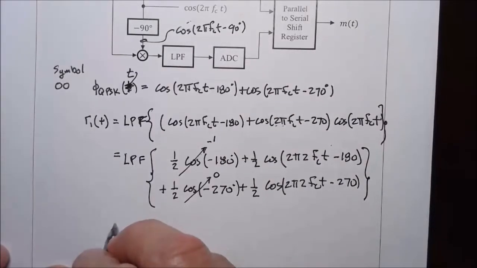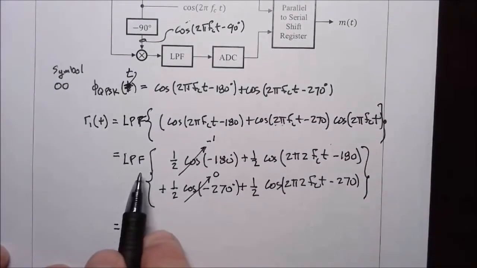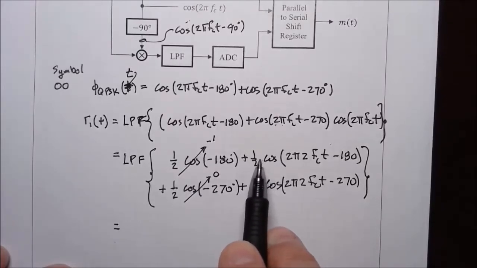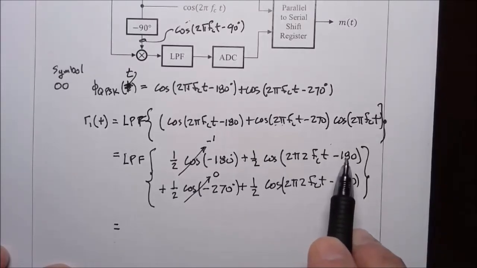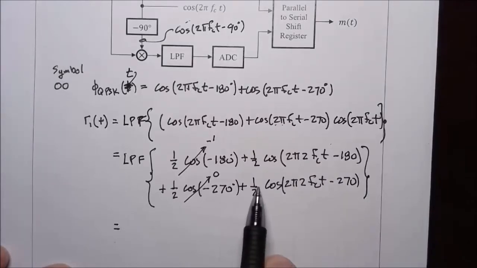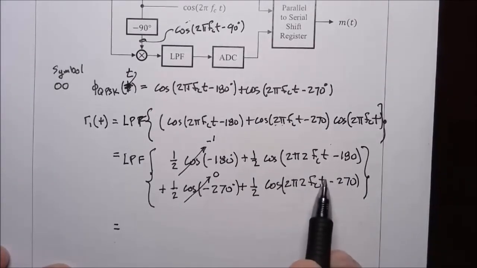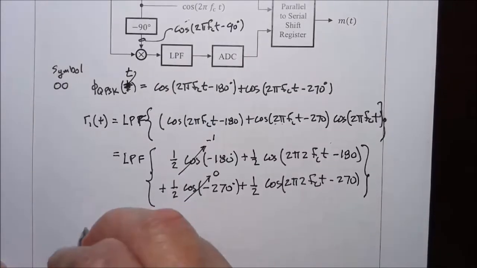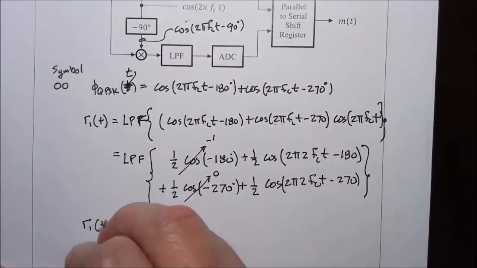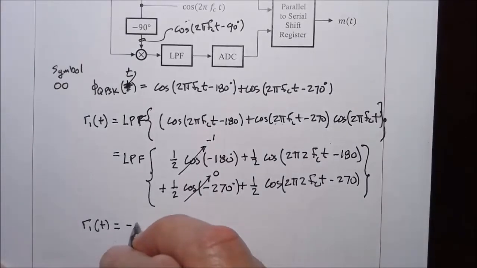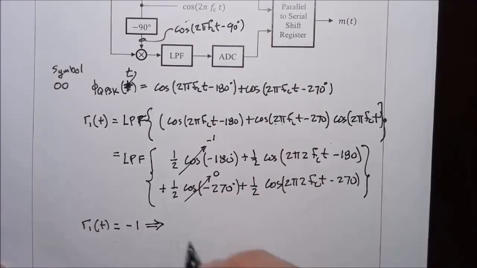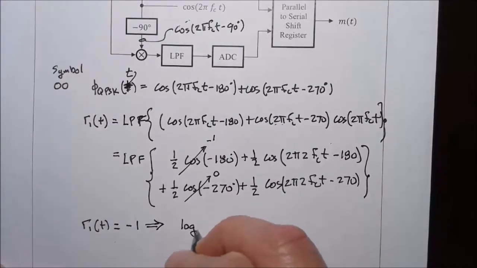Okay, then the low-pass filter is going to filter out both of these high-frequency terms, and we're left with minus 1/2. So signal R1 of t is going to be equal to minus 1/2, and the minus 1/2 corresponds to a logical 0.